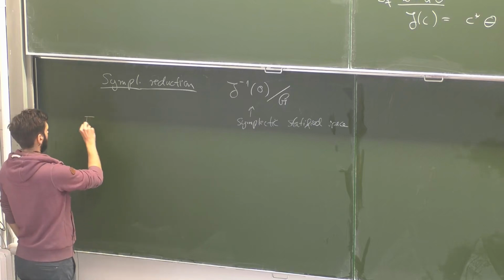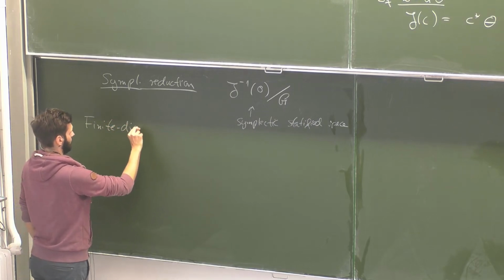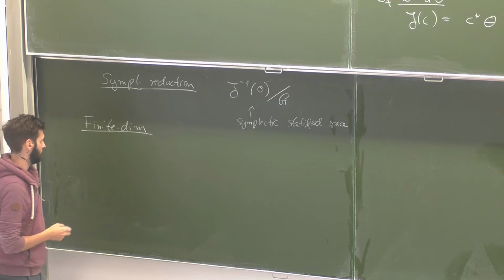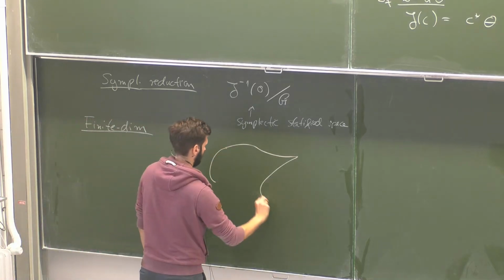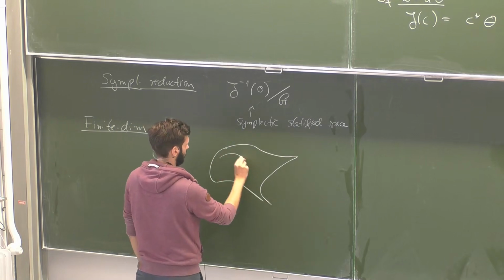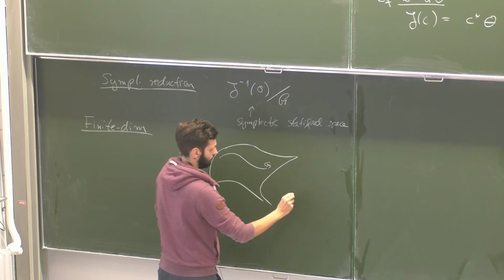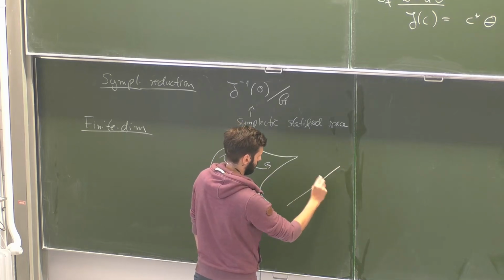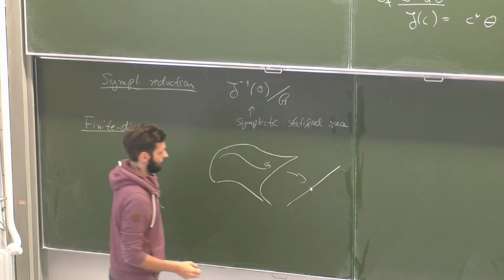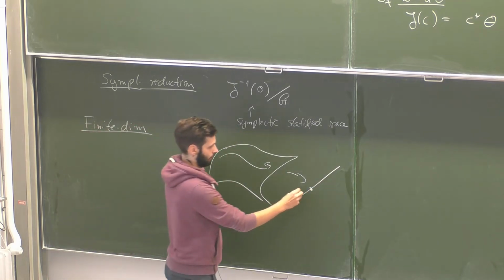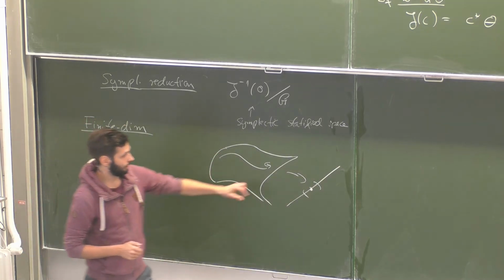And in finite dimensions, the proof is essentially the following picture. We take some orbit, and then we would like to go down to the orbit space to get a point, and we need to somehow construct a chart around that point. So we need to find a chart here.